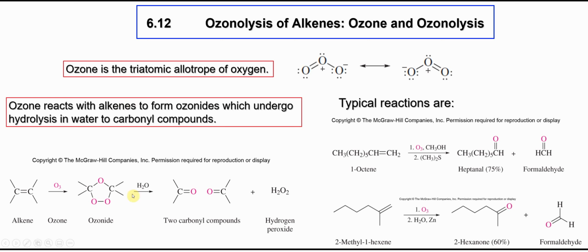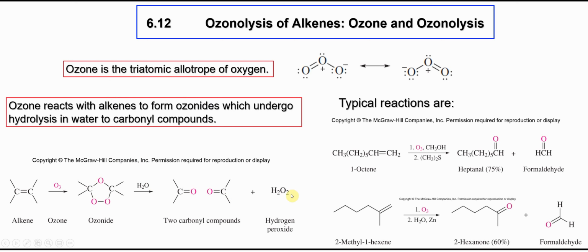This is called ozonide. You form a 5-membered ring, and then this 5-membered ring is subject to hydrolysis. This ozonide is going to be hydrolyzed in water to form 2 carbonyl compounds, and then this ozone becomes hydrogen peroxide.